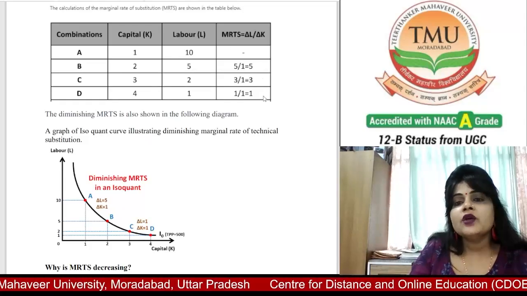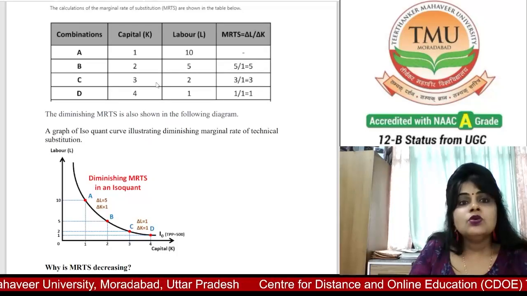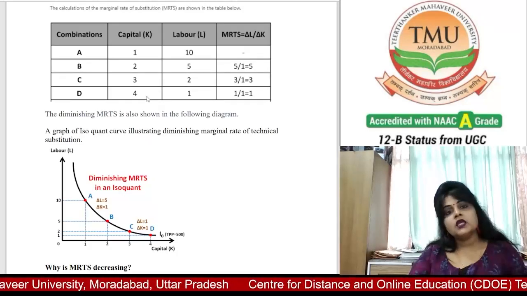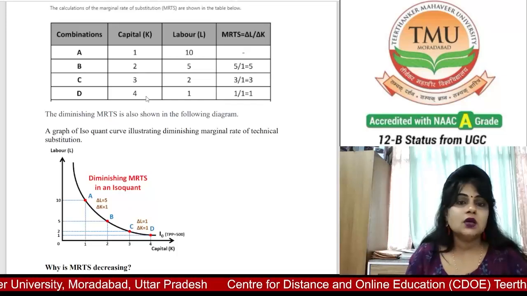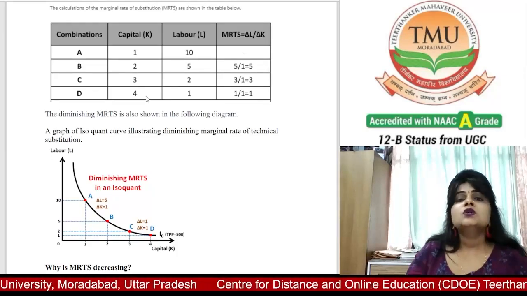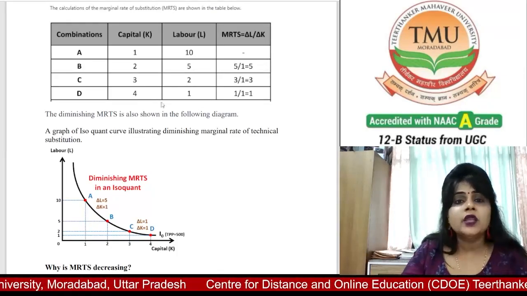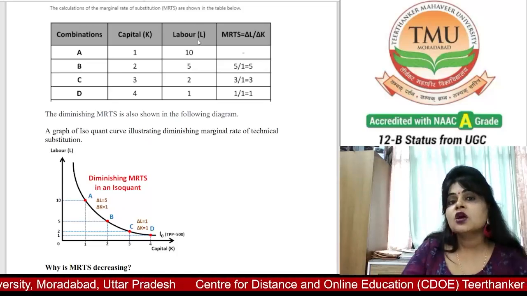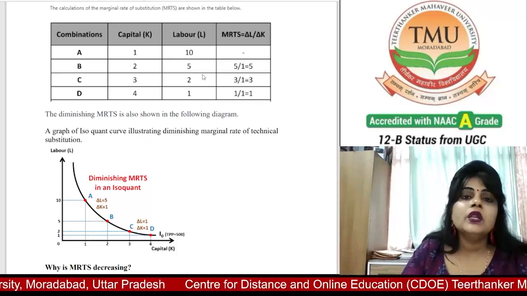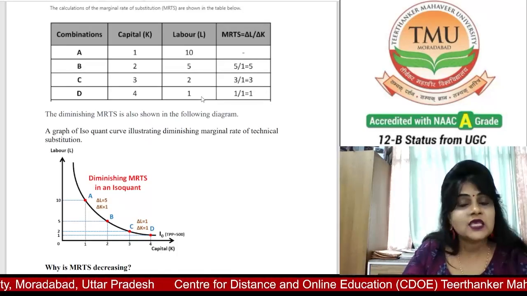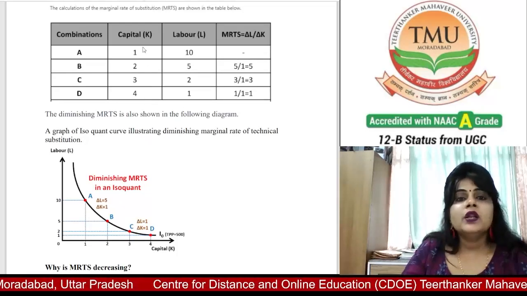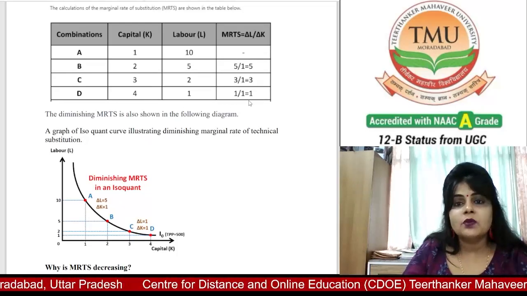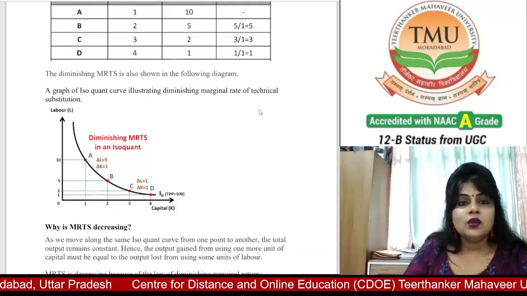So the marginal rate of substitution is 3. When we increase 1 more unit, the marginal rate of substitution also decreases. So the producer is now ready to give up fewer units of labor. He sacrifices only 1 unit of labor and increases 1 unit of capital. Now the marginal rate of substitution is only 1.